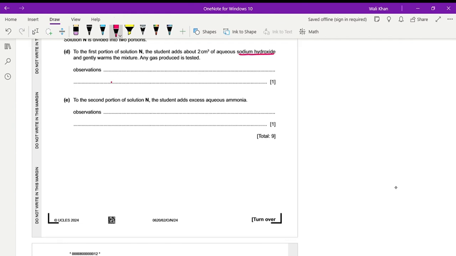Any gas produced is tested. It turns red litmus blue. To the second portion of solution N, the student adds excess aqueous ammonia. No change.